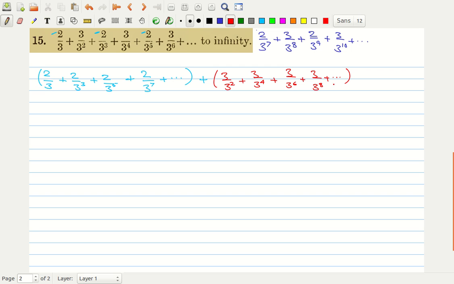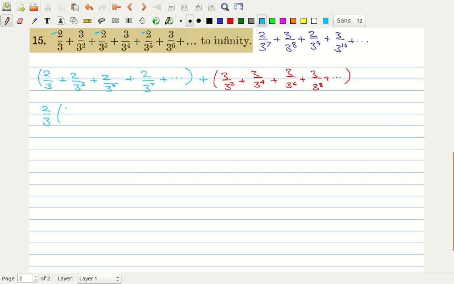Now it is easy to see that if you take 2 common out, then it is a geometric progression, right. Similarly over here you can take 3 as a common factor out, and this is also a geometric progression. So all you have to do is just apply the sum formula of the geometric progression. Instead, let me take 2/3 as a common factor out, okay.